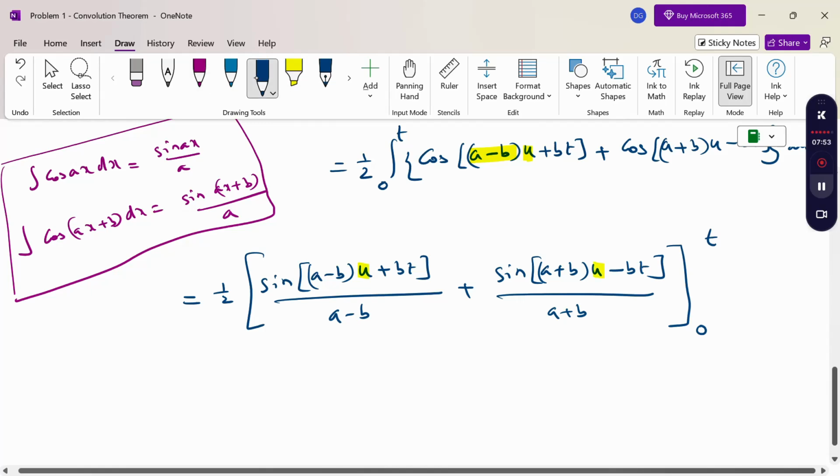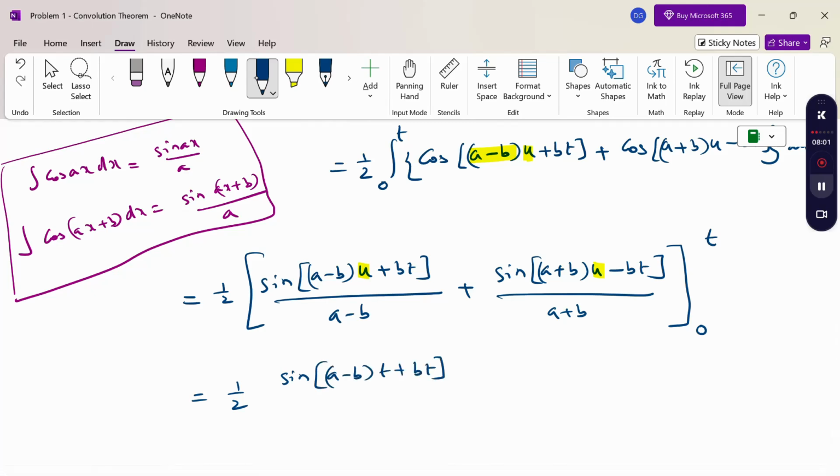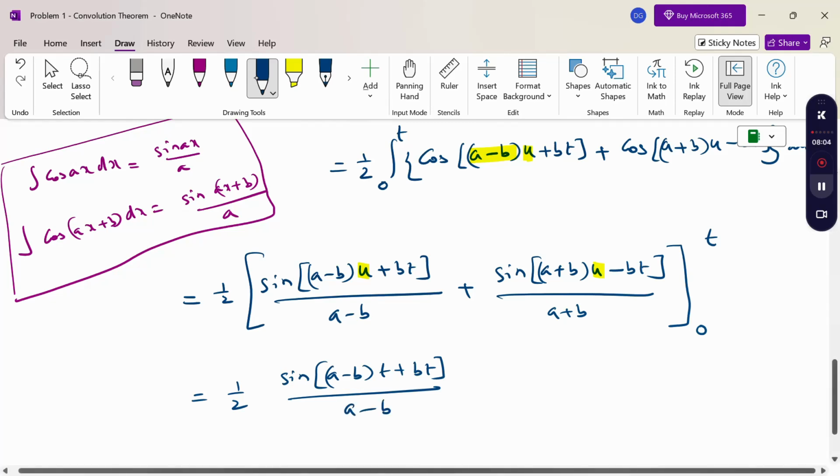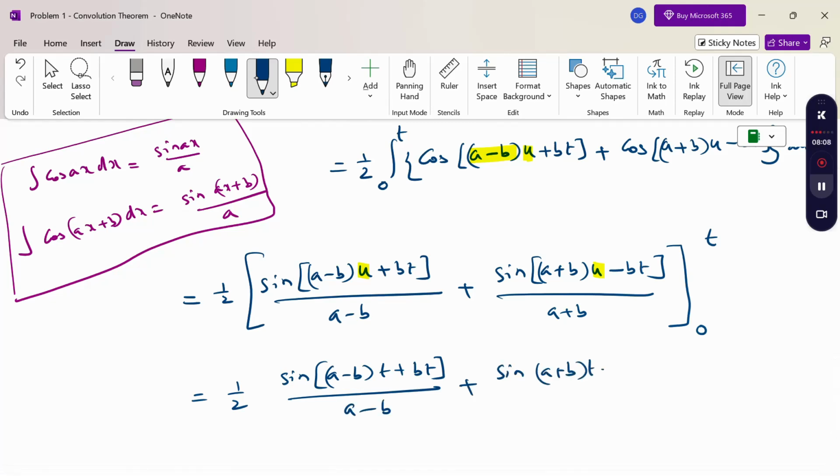When I am substituting the upper limit, 1 by 2 sin of (a minus b) into t plus bt by a minus b, plus sin of (a plus b) into t minus bt by a plus b. This is the upper limit.